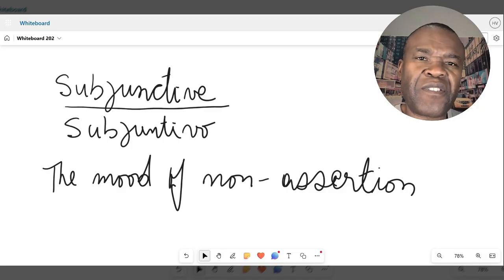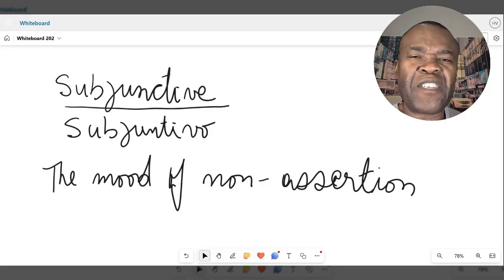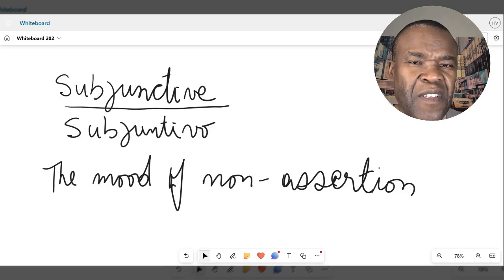That's when it's used. The speaker is not ready to assert the proposition yet as factual. And that proposition is expressed through a conjugated verb. When we're talking about the subjunctive mood in Spanish, we're talking about a conjugated verb.